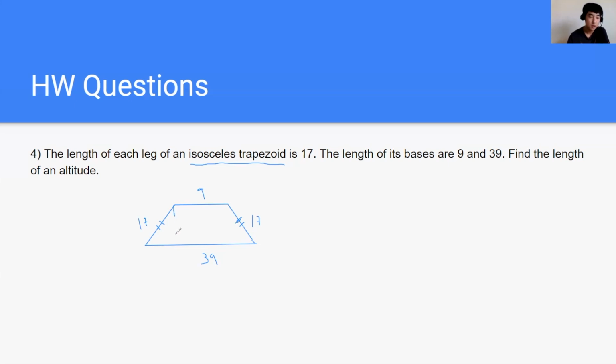So we can draw this and let it be x. The altitude is x.